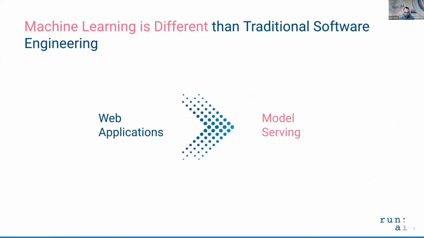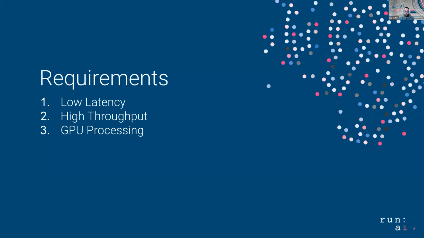Machine learning involves a lot of experimentation and research activities, so there are some key differentiators that we're going to talk about. I'm going to talk about three basic requirements. There are other requirements as well, but we'll focus on these three, and we'll see how web serving is different from a model serving system.